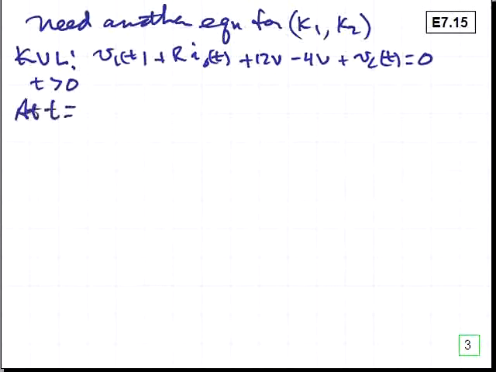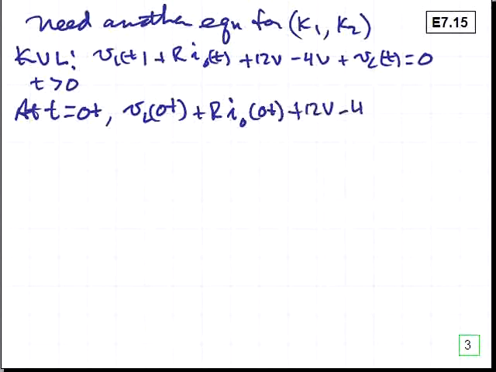At t equals 0 plus, just after the switch operates, we have VL at 0 plus plus R I0 at 0 plus plus 12 volts minus 4 volts plus Vc at 0 plus is equal to 0.